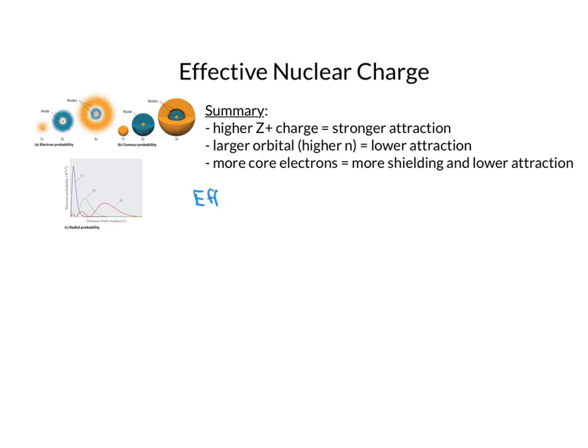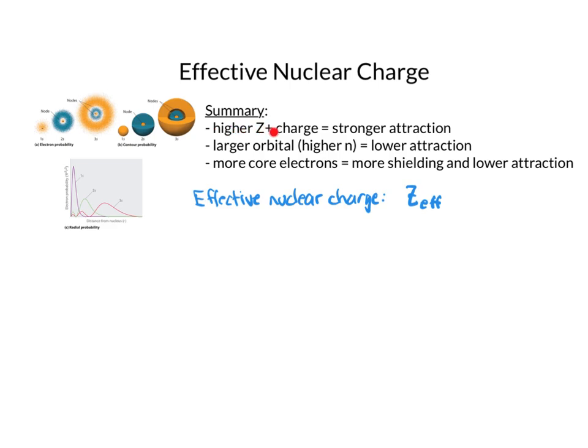So all of these things lead to a concept we call the effective nuclear charge. We have the symbol Z effective, Z sub eff. This concept is the idea that the valence electrons, the ones that are further away from the nucleus and further out from the core electrons, are going to act as though they don't feel the full charge of the nucleus, because they're further out, so they have a lower attraction, and there are core electrons shielding, which also lowers the attraction.